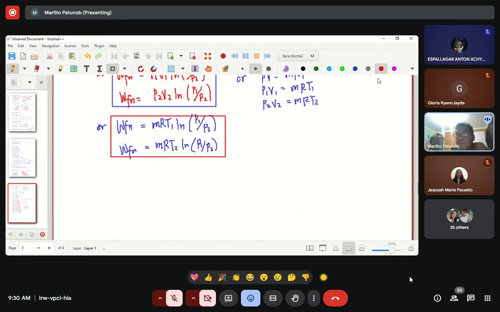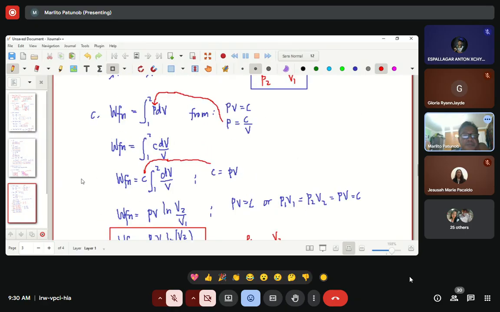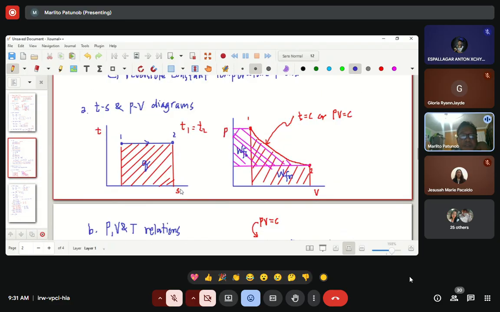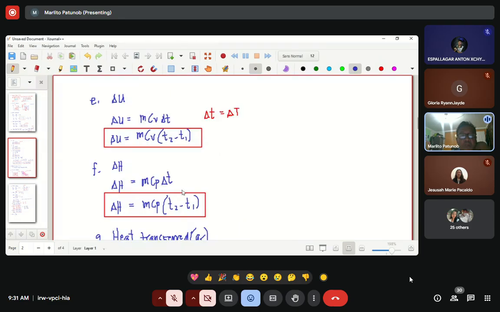Now let's have the work steady flow, letter D. The work steady flow is the negative integral of B dP. By the way, I forgot, that's the negative integral. Let's go back to the one above.